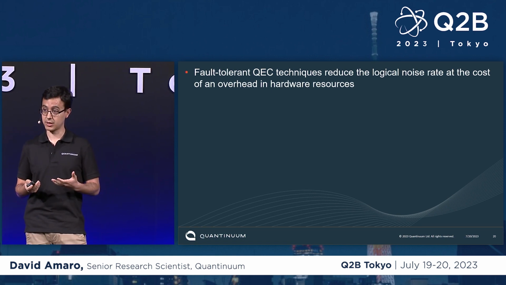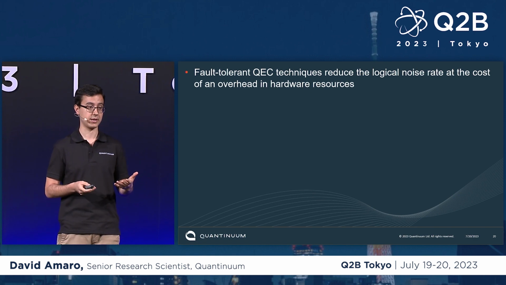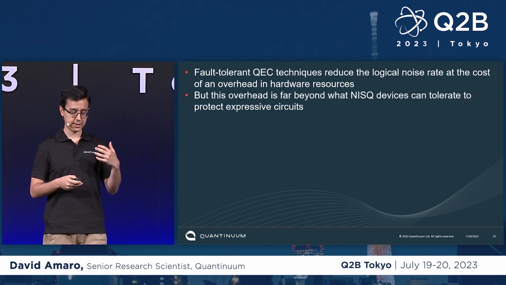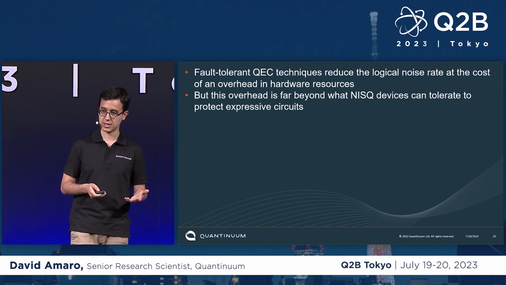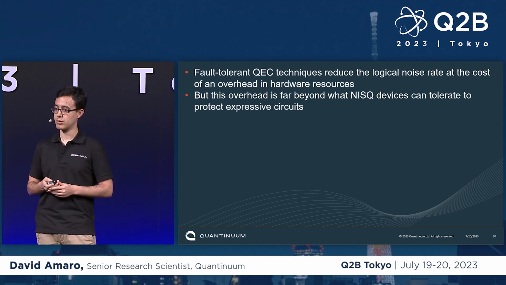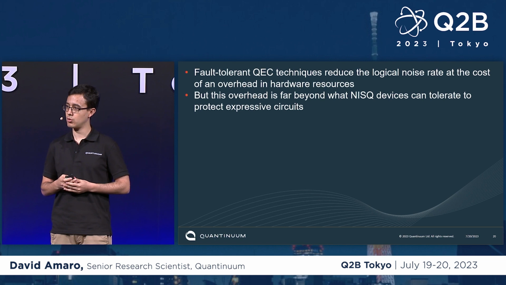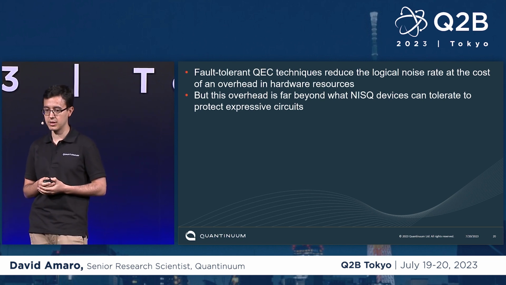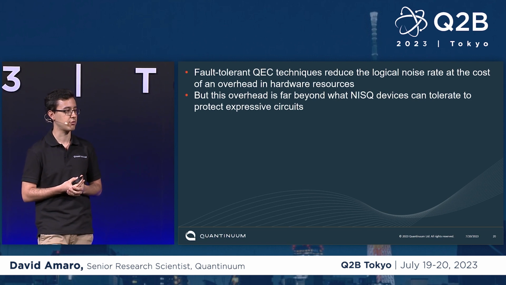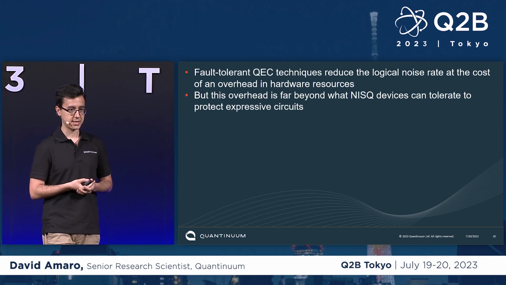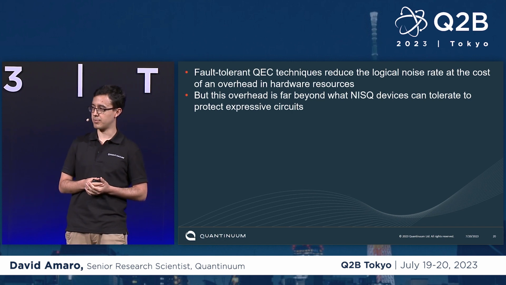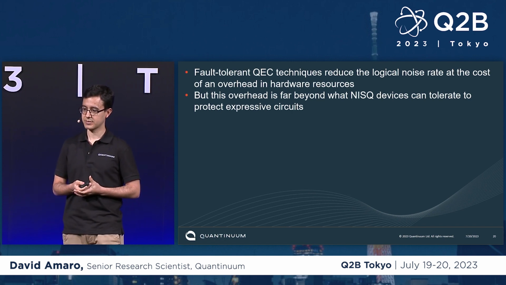But this comes at the cost of a very large overhead in number of qubits and number of gates. This overhead is too much for existing quantum computers. So if you want to protect your quantum algorithms like QAOA or VQE or some quantum Fourier transform on the existing NISQ devices, you cannot really use all the power of fault-tolerant techniques.